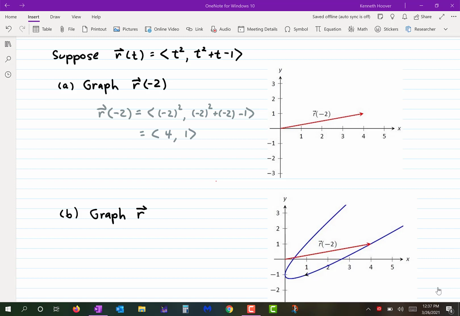They're graphing all of the vectors, but the vectors overlap each other, so all they're doing is plotting the terminal points of each vector. That draws out a path in space. So what we're actually doing here is technically not anything different than parametric equations.